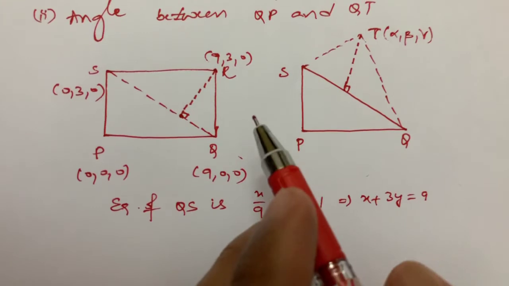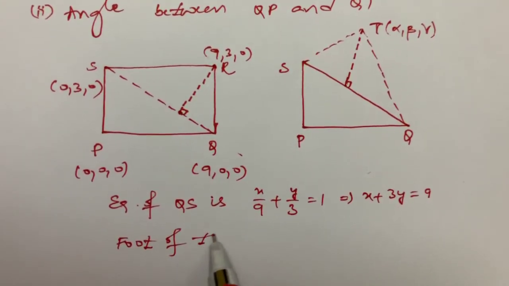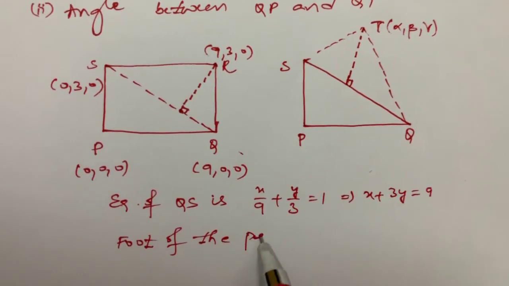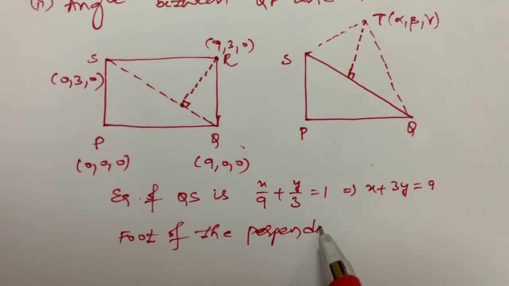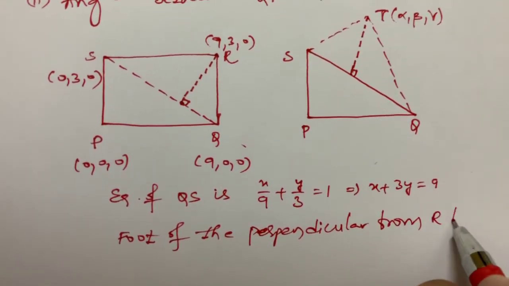And now we want the foot of the perpendicular from R to QS.